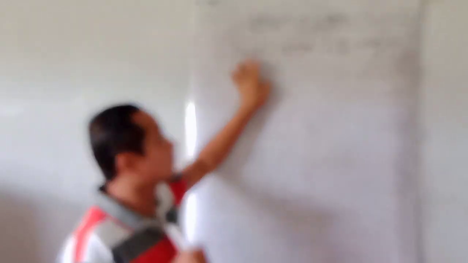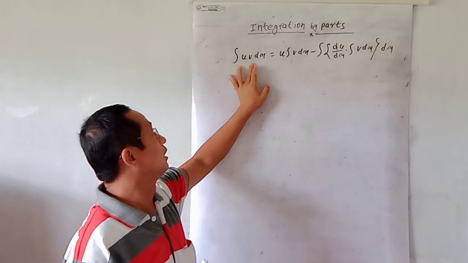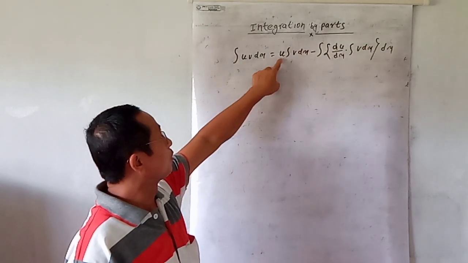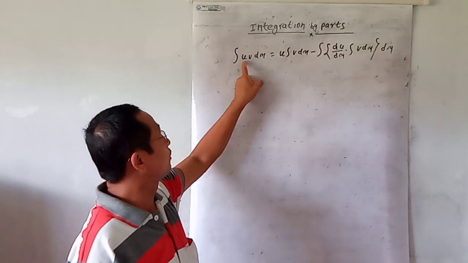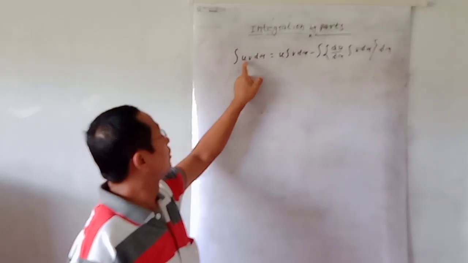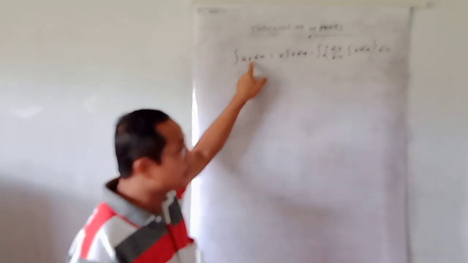U is one function, v is another function. So here the first function is u, then v. U is multiplied by v.